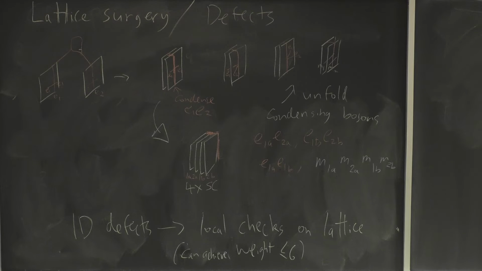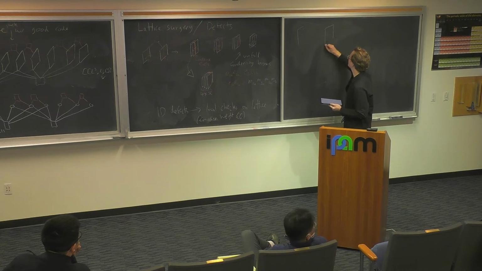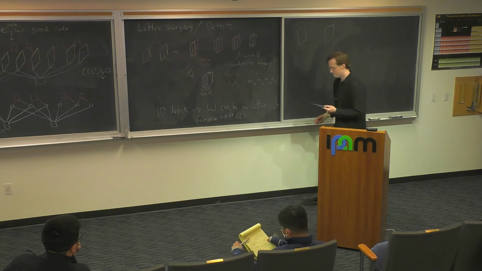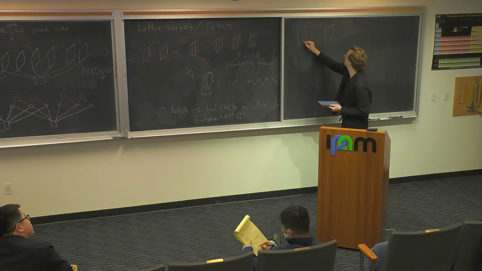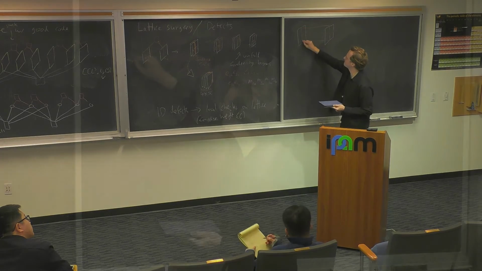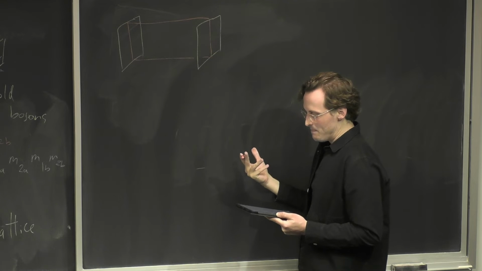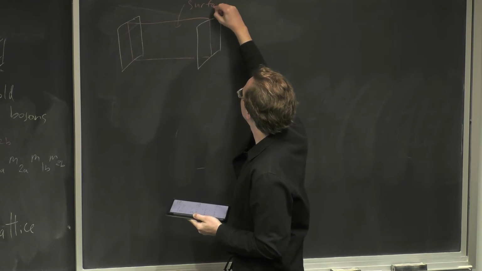Okay, good. So the final thing you need to do to fix this is to stretch out the defect, basically. So imagine these are really very far apart. Essentially what you do is add in an extra layer of surface code into which these E anions and the M anions can travel. So this is now also a layer of surface code.